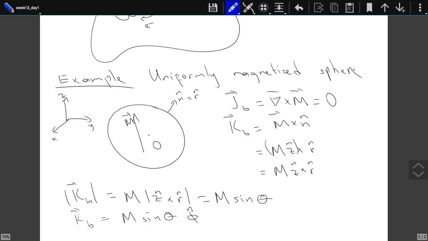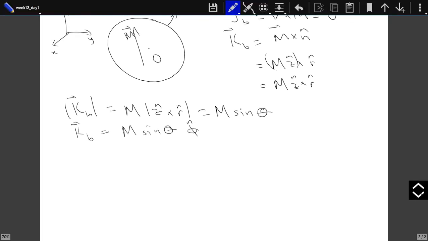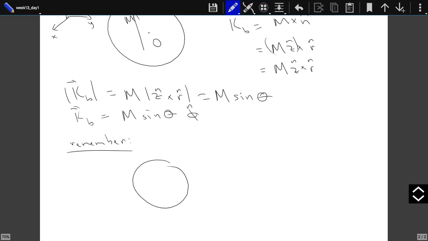Well, basically we had solved this problem already. We had this sphere which has a uniform surface charge density, and it was rotating with angular velocity omega.